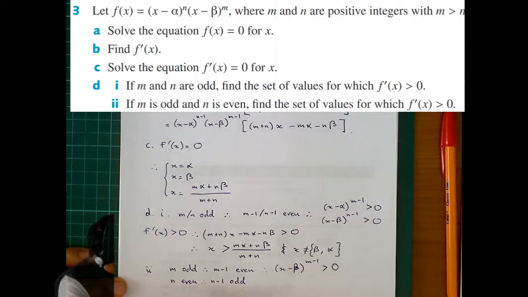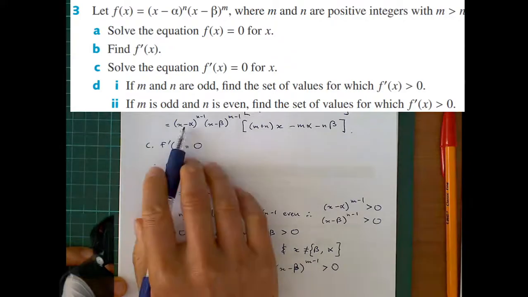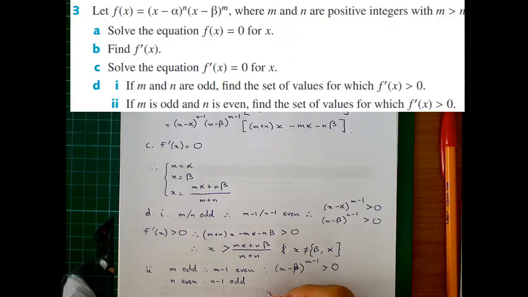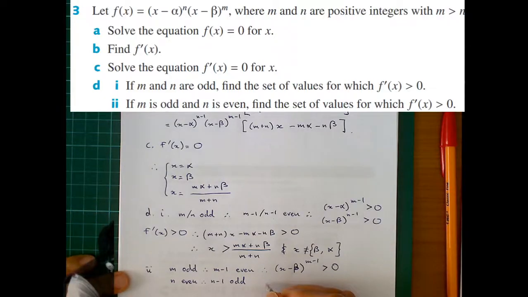Okay, what it means is that the power of n minus 1 is also odd, so how do I want to factorize? I'm going to do this: x minus alpha times x minus alpha to the power of n minus 2. Now the n minus 2 is even, so this part is greater than 0.